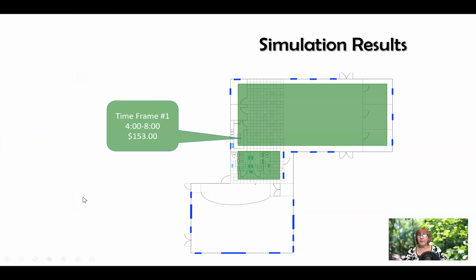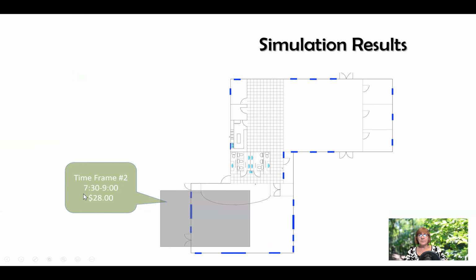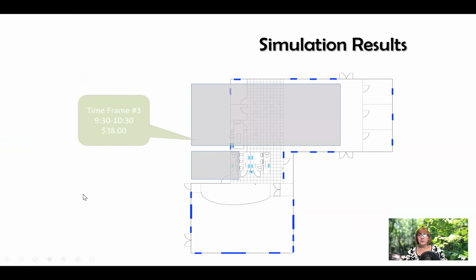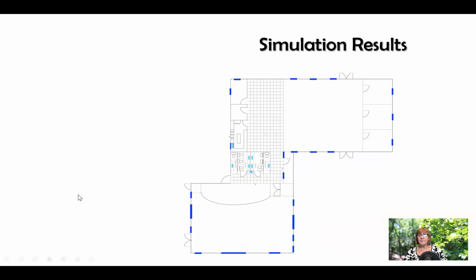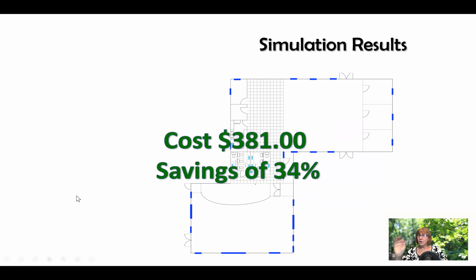They ended up with time frames 1, 2, 3, 4, and 5, with a cost savings of 34%. And you see how she did that in a way so that it was big font, and the information that was most powerful was shown in a powerful way.